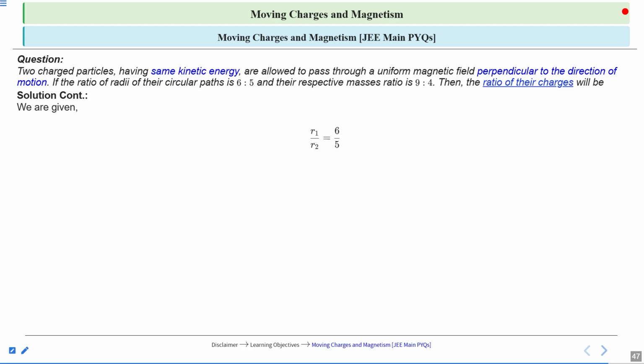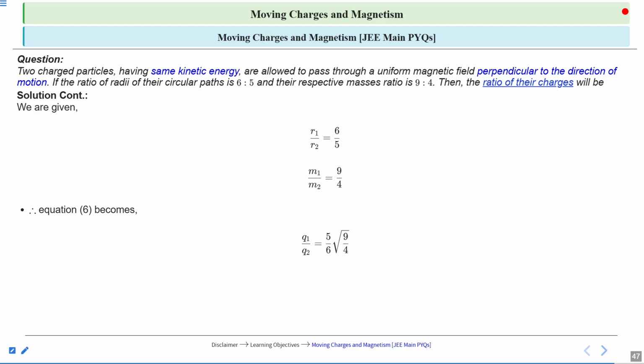What is given? R1/R2 is 6 to 5, and M1/M2 is 9 to 4. Put these two ratios in the sixth equation. Q1/Q2 = R2/R1 times root of M1/M2. Since R1/R2 is 6/5, we put the reverse, 5/6, and in the root M1/M2 is 9/4.